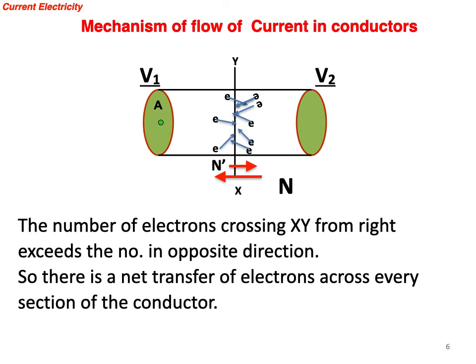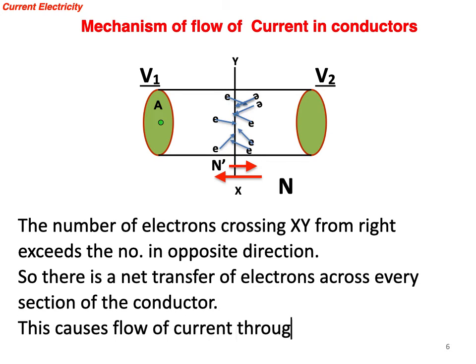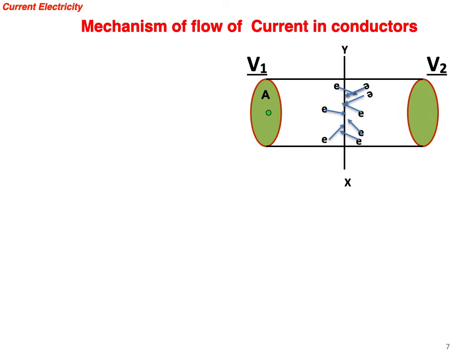We have also symbolically represented it as a larger arrow, larger n, and the number of electrons n from right towards left across xy exceeds the number n dash from left to right. So there's a net transfer of electrons, as we said. This causes the current to flow through the conductor. The same diagram for our reference.